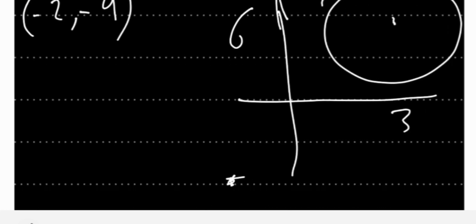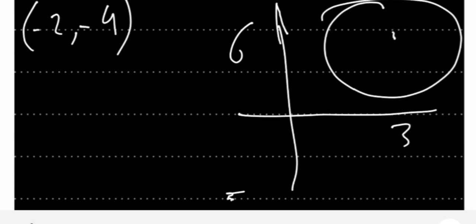So he wants to find this point over here. What is this point over here that has the minimum distance to this point, okay? And it is on the circumference. So first we are going to solve it without calculus, and then we are going to solve it with calculus, okay? So this is the point (-2, -4).